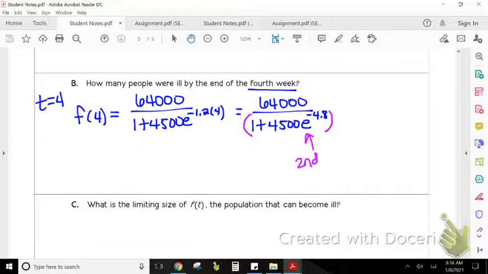Because it will actually go ahead and open, it'll do the exponent for you, okay? It'll ask you what is the exponent. So then you can type in your negative 4.8, get out of your exponent, close your parentheses, and hit enter. And so it should tell us approximately 1,682 people.